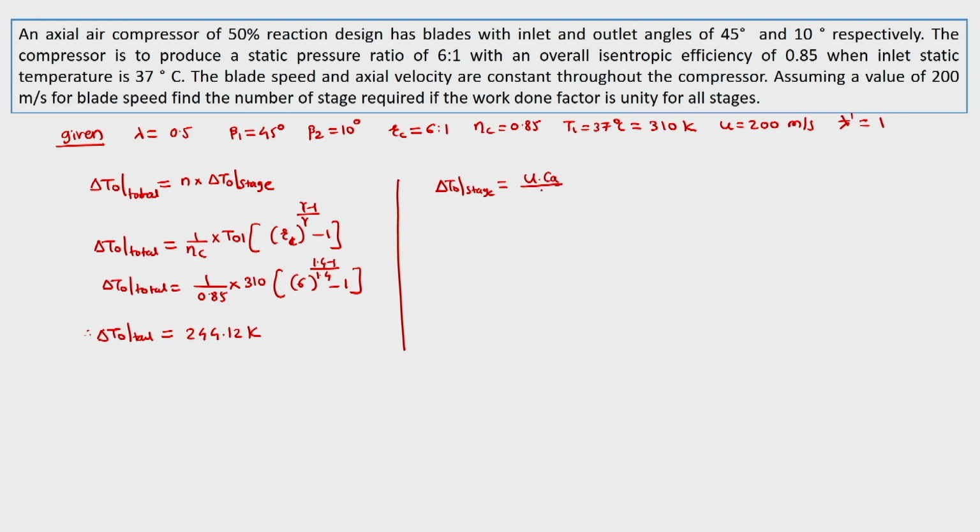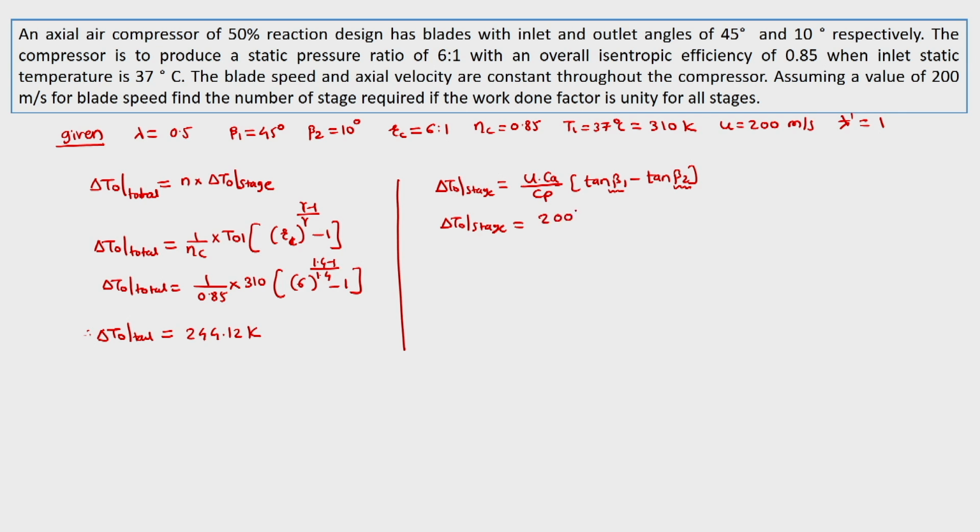Now we can find the stage temperature rise, delta T naught stage, which is equal to U into Ca divided by Cp into tan of beta 1 minus tan of beta 2, since we are given beta 1 and beta 2. So we can put this over here. U is given to us, which is 200.